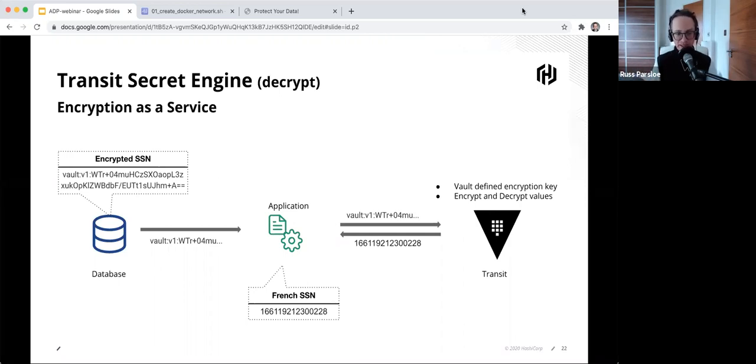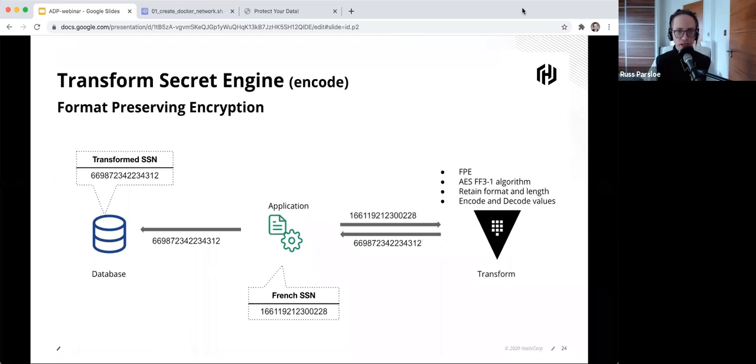Whereas I might have a back-end system that isn't publicly facing, that does have a policy that allows it to decrypt the data. And it can even be down to the particular key. So I have a policy that allows me to encrypt with the SSN key. I'm not allowed to do any encrypt or decrypt operations with any other key, for example. The Transform Secret Engine, unsurprisingly, works in the same way.